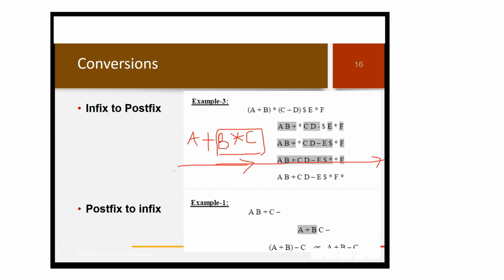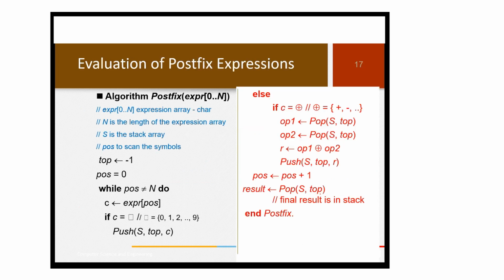Unless I go through the entire expression once, I will not know. Again I have to go through, again I have to go through. Like this, repeated scanning is required. But in postfix, it's not required. One scan is more than sufficient. So in order to do that, we use the postfix expression.